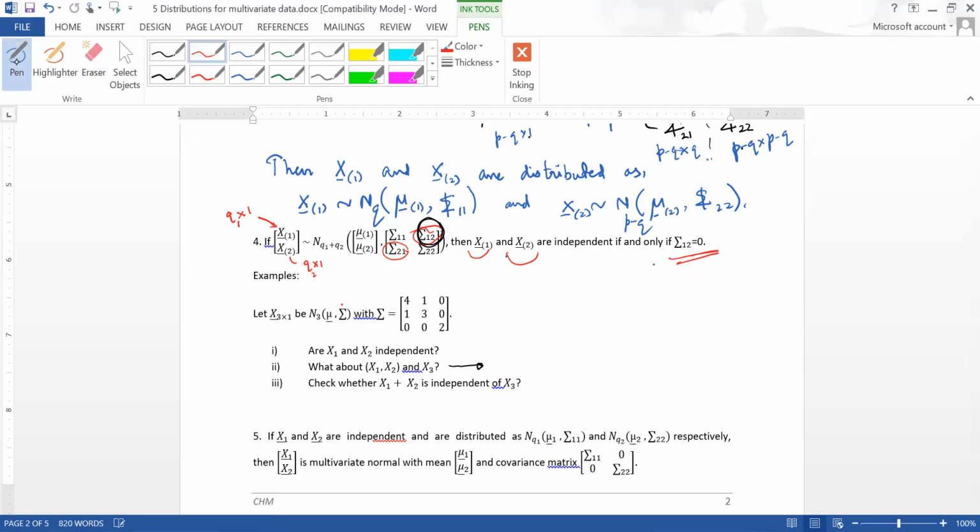Then we have to check whether x1 plus x2 is independent of x3. Remember, to find whether two components, two vectors or scalars are independent, we have to have the joint distribution of those.